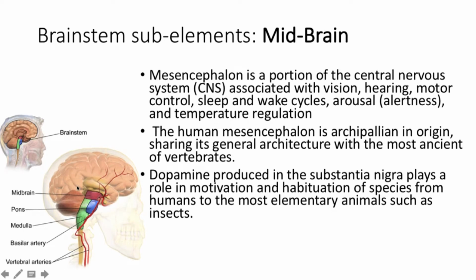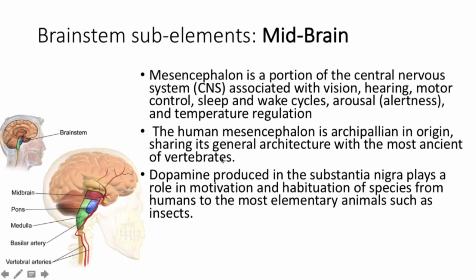In fact, this system is one of the most archaic in origin, sharing its general architecture not only with our other primate groups, but also with many of the vertebrates.